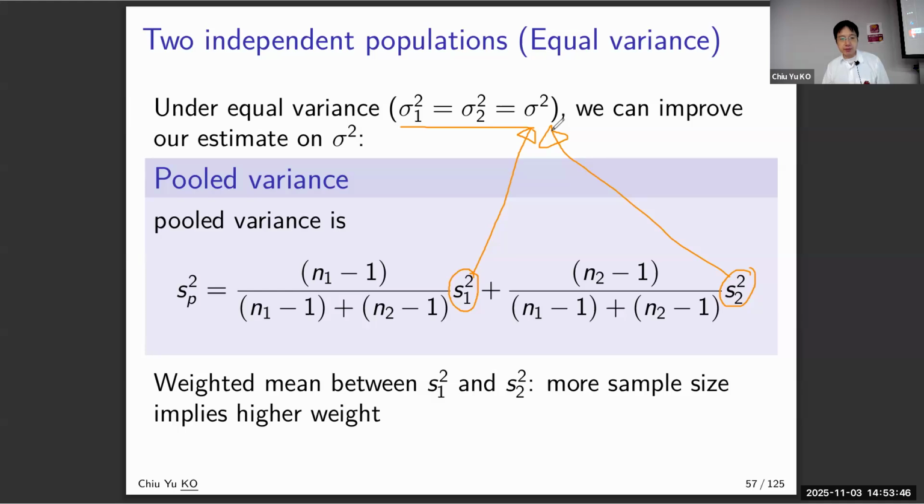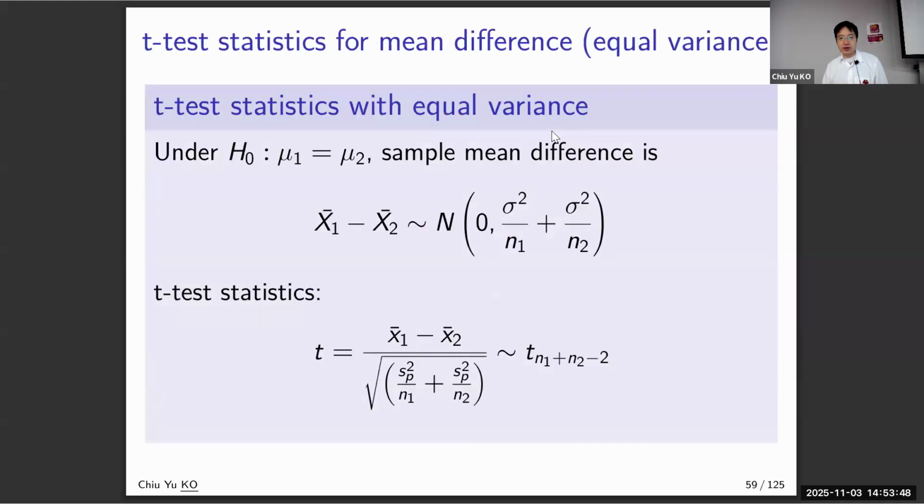So once we know this formula, our life is pretty easy, because if you want to test whether the means are the same or not, the difference of sample means will be a bell curve. Center is 0. The 0 comes from your hypothesis.